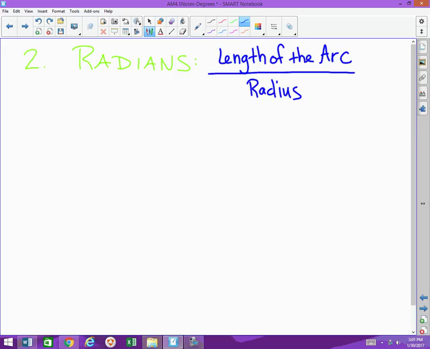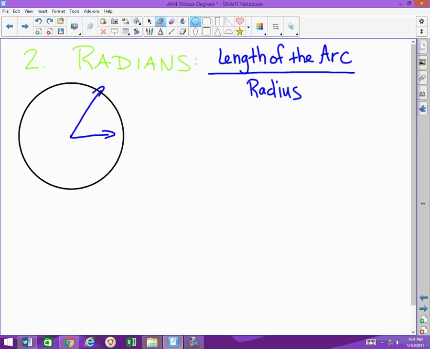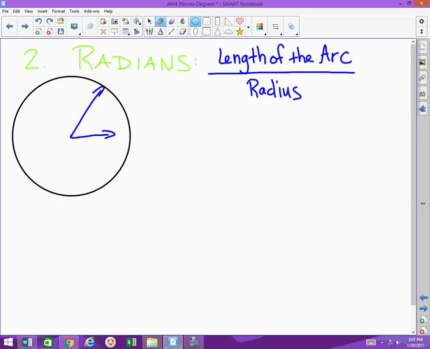And so we have to think about a circle when we're figuring out the radian measure. So if you're given an angle, the first thing you have to do is get the center and make yourself a circle. So then this would have to go all the way to there, and that would go all the way to there. And so then the radian measure is the length of this divided by the radius.